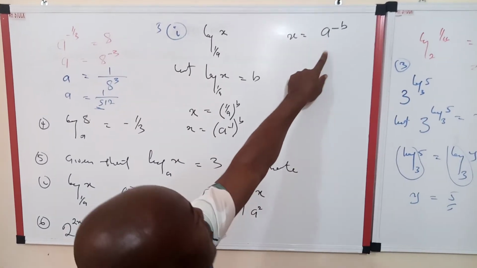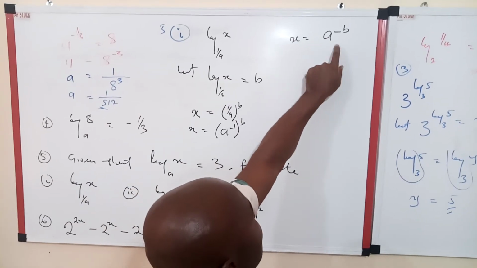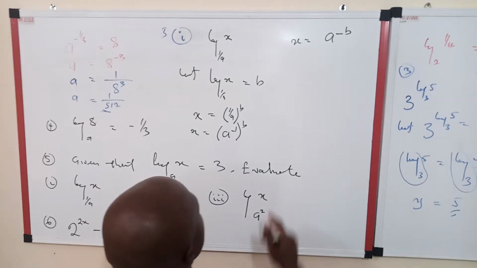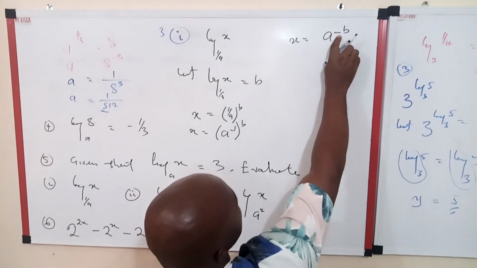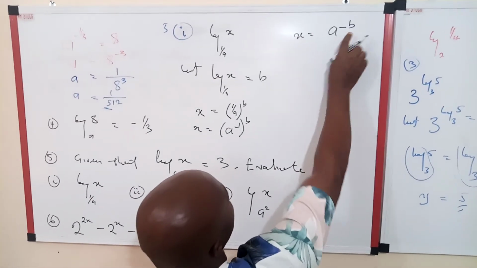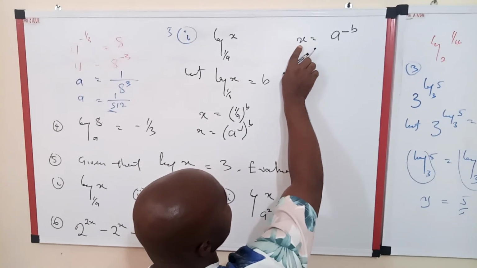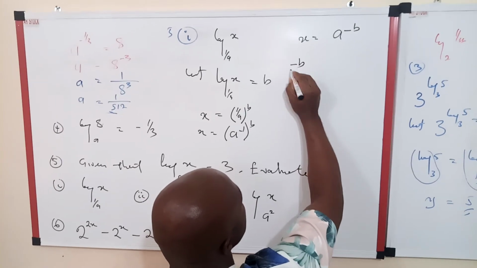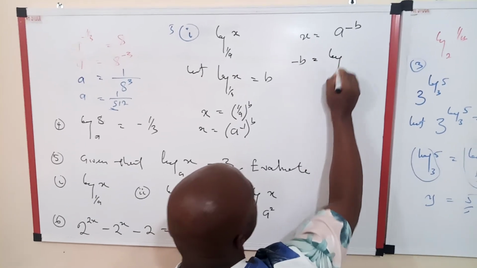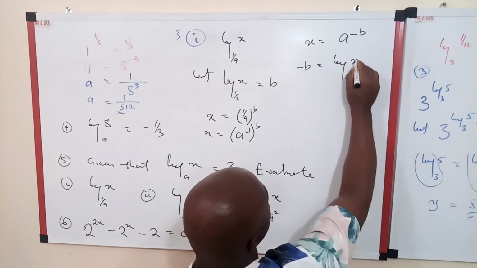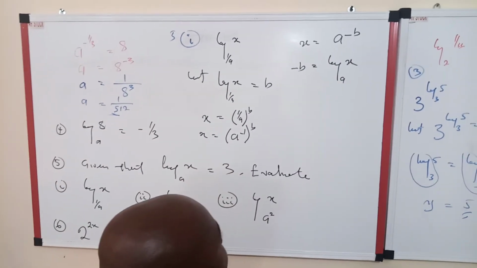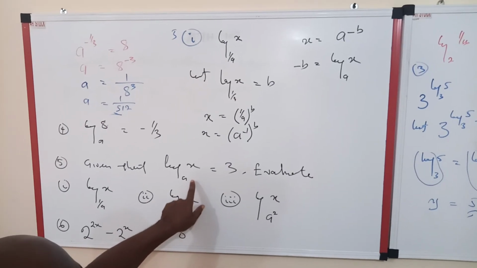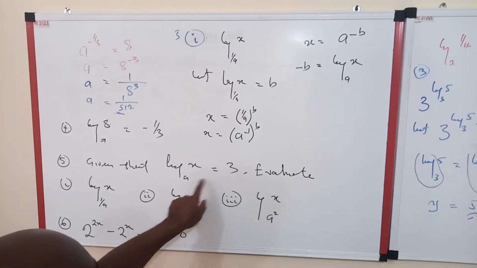Now once you have it in this form, we can rewrite this again in terms of logarithm. If we want to do that, this is the power here, this is the number, and here is the base. So we say negative b will be equal to the log in base a of that number x. But we already have from the question that the log of x in base a is equal to 3.